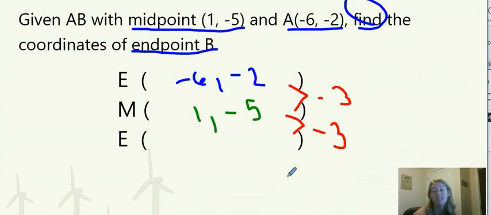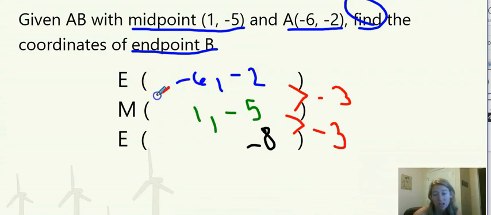The common mistake I see is that we find that we subtracted 3, so we just put -3 at the bottom. That is incorrect. You want to subtract 3 from -5, which is going to give us -8. And then we're going to do the same thing for the x over here.